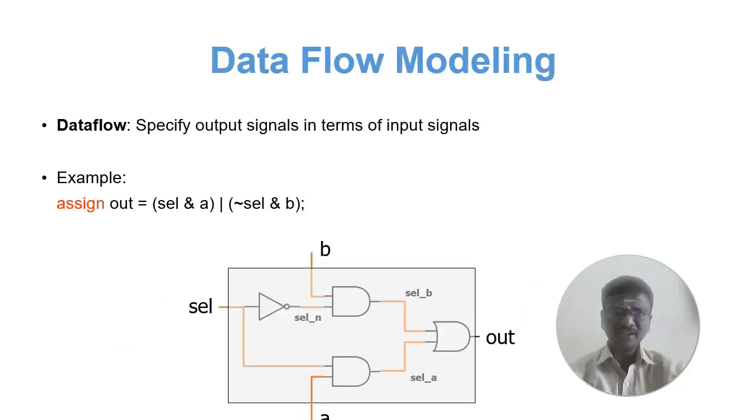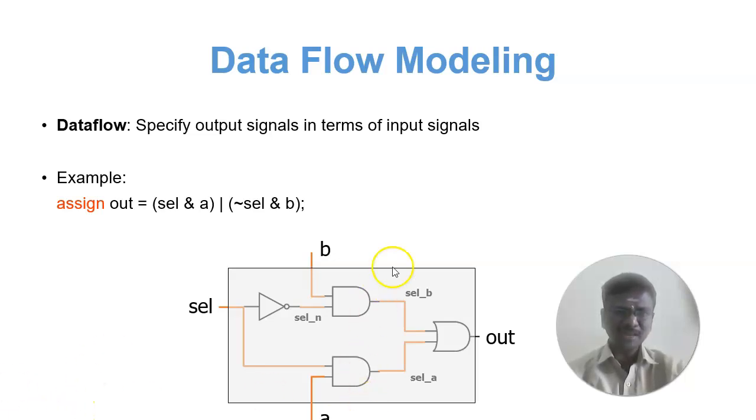Then the data flow modeling. Data flow modeling is used to specify the output signals in terms of the input signals. For example, if you are designing an AND gate, that AND gate has a characteristic equation. If you are representing it using the characteristic equation, then it is called data flow modeling.